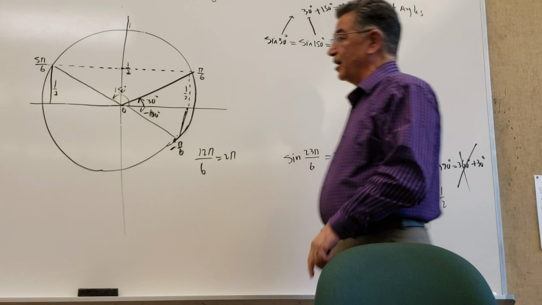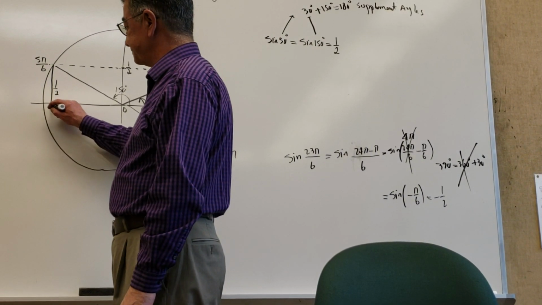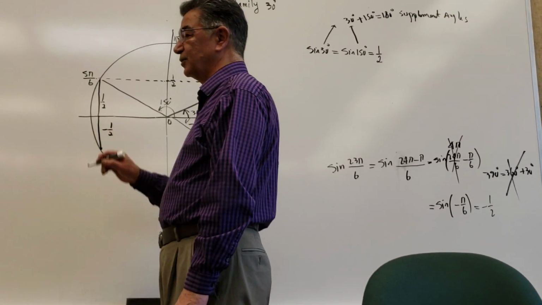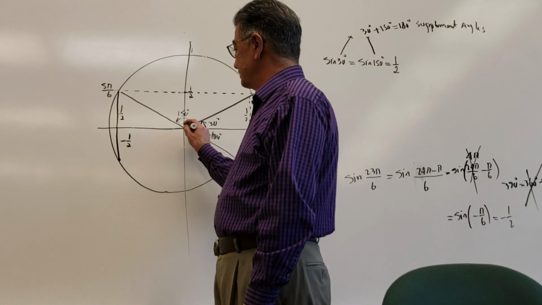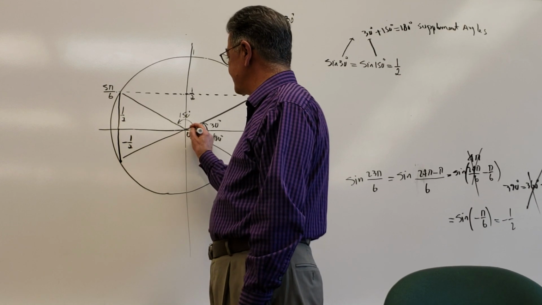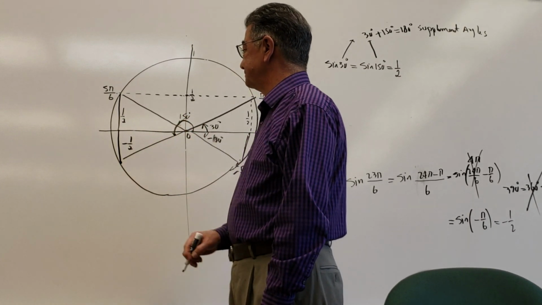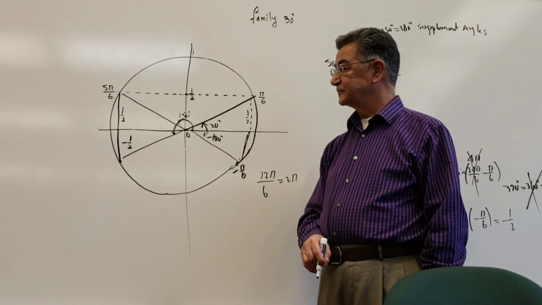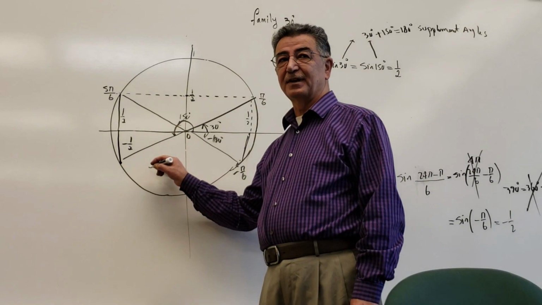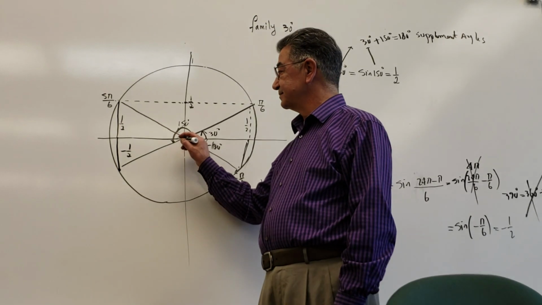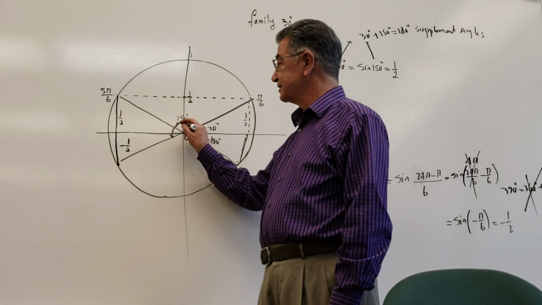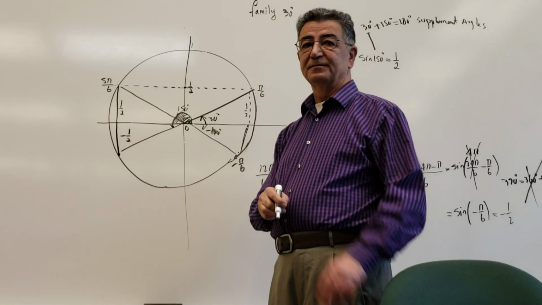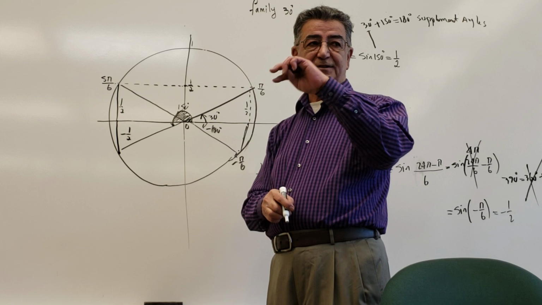Now let's finish our job. So if I go down, this is negative what? 1/2, isn't it? How much is this angle, guys? How did you get 210? That's correct. 180 plus 30. Everybody agree? See, this is 180, isn't it? Half is 360.